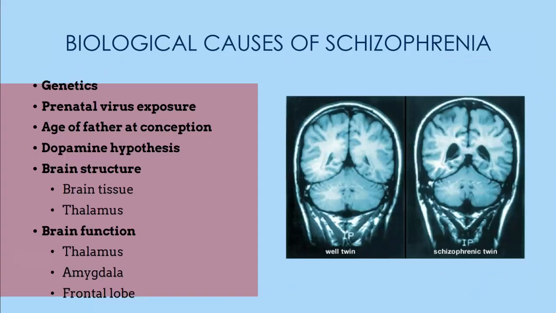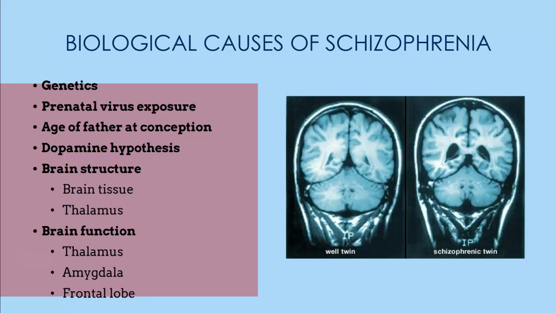What are the causes? There's definitely a genetic link. In the general population, schizophrenia is about 1 in 100, but when it's in your family, that increases to about 1 in 10. Some theories are that when a woman is pregnant, that she's exposed to viruses, and then later on, it manifests as schizophrenia.